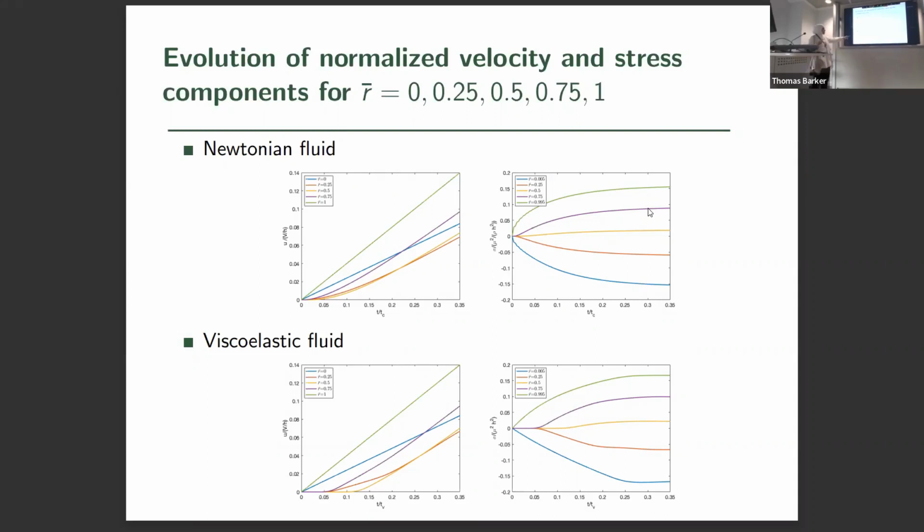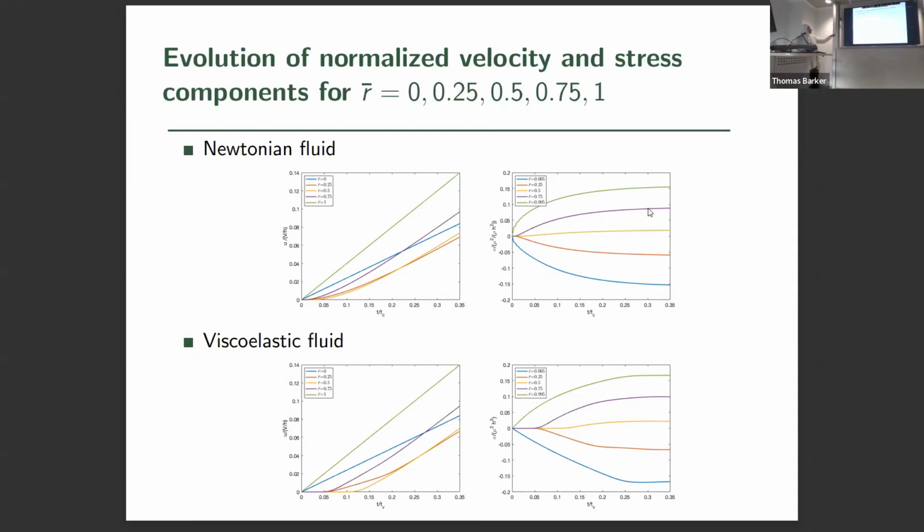The variation of stress with time is smoother when compared with Newtonian fluid, especially when the outer cylinder starts rotating.